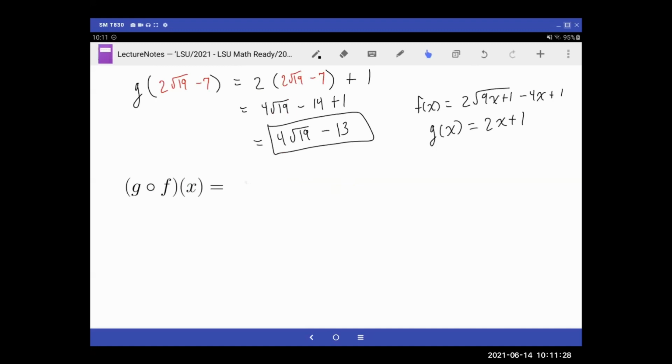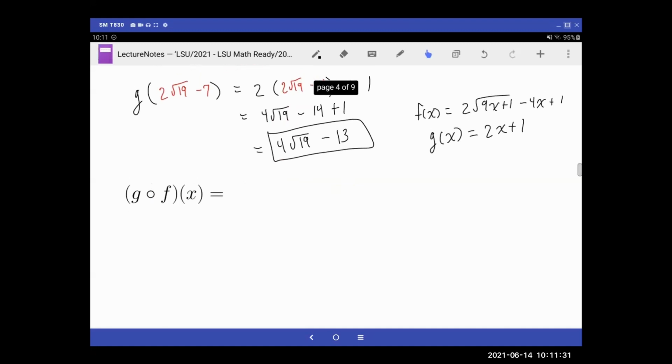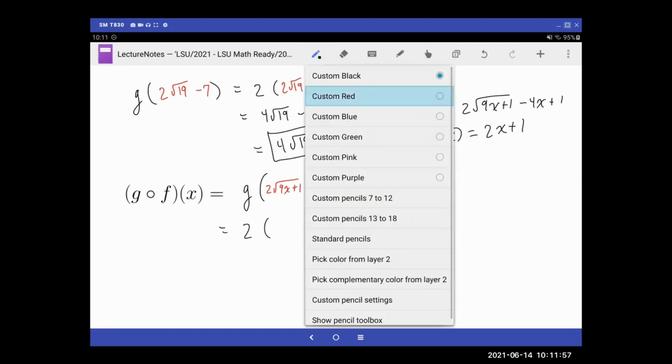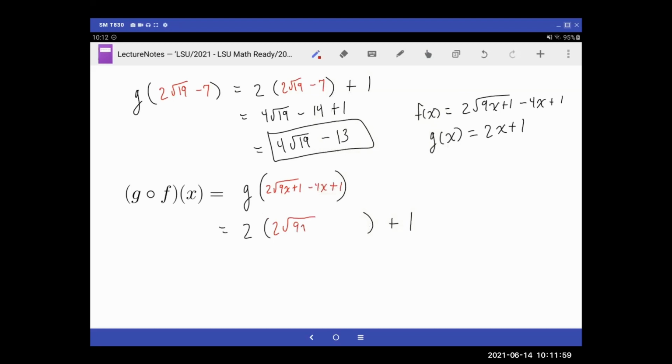I'm going to start off with g, and inside wherever x is located, I'm going to plug in f of x. But what is f of x? That would be 2 the square root of 9x plus 1 minus 4x plus 1. So for g, which is 2 times x plus 1, will become 2 times 2 the square root of 9x plus 1 minus 4x plus 1.